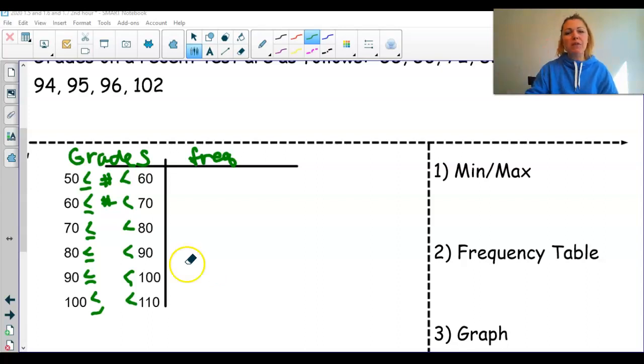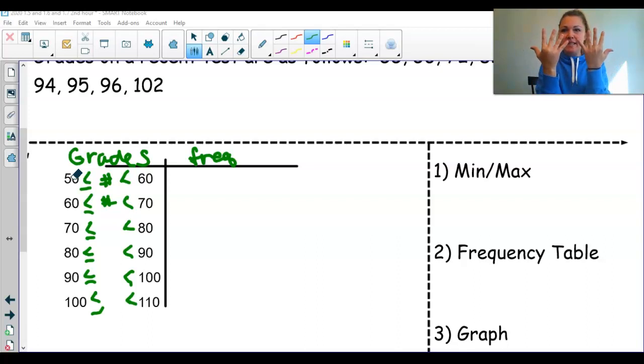Okay, so the next thing hopefully you've noticed in each bin is we're saying, hey, we're looking for grades that are greater than or equal to 50, but less than 60. And that trips people up. They're like, wait, why is it that way? Well, if we're going by tens, we're looking for grades that are greater than or equal to 50: 50, 51, 52, 53, 54, 55, 56, 57, 58, 59.